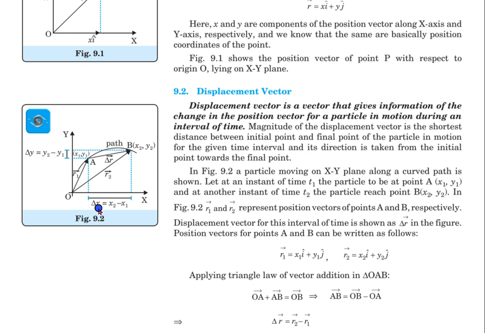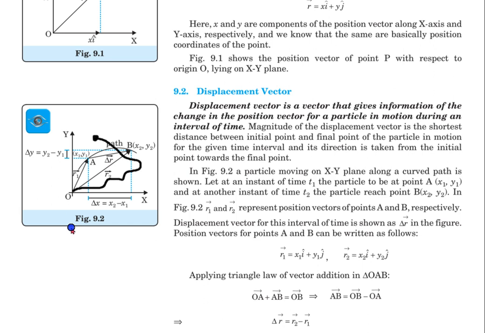So if a particle or a marble is moving on the table, and the path of the particle on the table is like this, and finally it stops here, now we have to find the distance traveled by the marble.